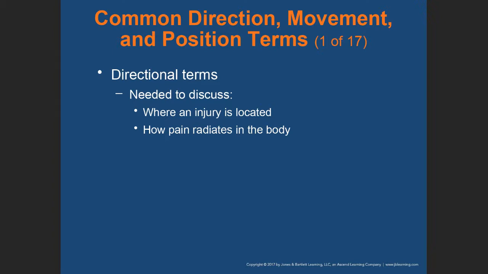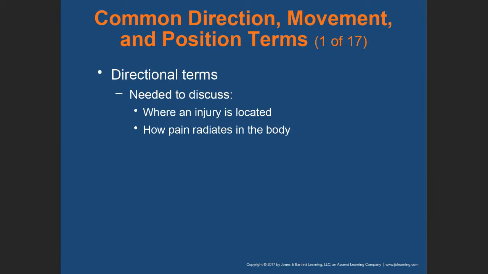Common direction, movement, and position terms. Directional terms are needed to discuss where an injury is located and how pain radiates in the body. So we need to be familiar with directional terms so that when we're handing over to the doctor or nurses, we can be specific.